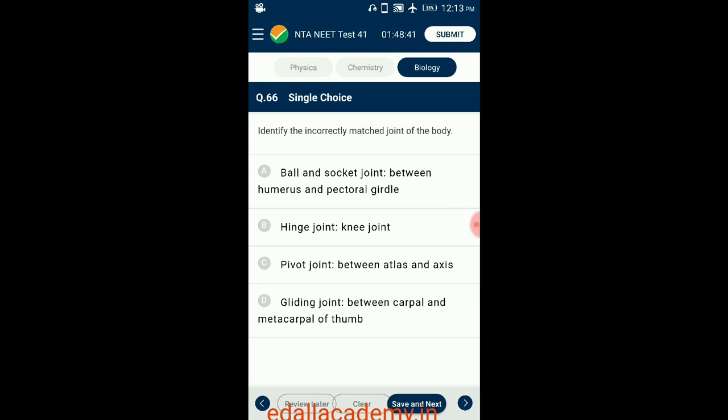Gliding joints allow the bones to glide past one another in any direction along the plane of the joint, up and down, left and right, and diagonally. Examples: tarsals, bones of the ankle, zygapophyses of vertebrae, and radius and ulna. So the answer for this question is option D. Gliding joint between carpals and metacarpals of thumb is given. So this statement is the incorrectly matched one.